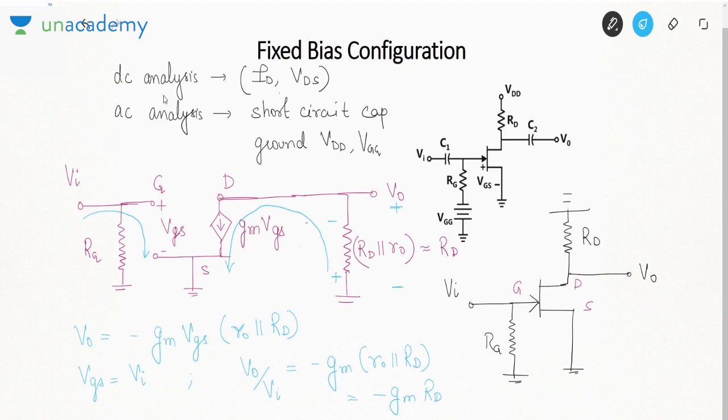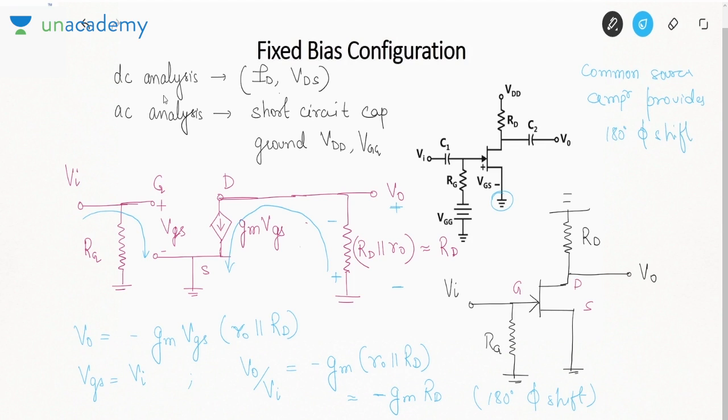Again minus sign is coming. Minus sign indicates a phase shift of 180 degree, which means, which terminal is common here? The source terminal is common. So I can say common source amplifier provides 180 degree phase shift.